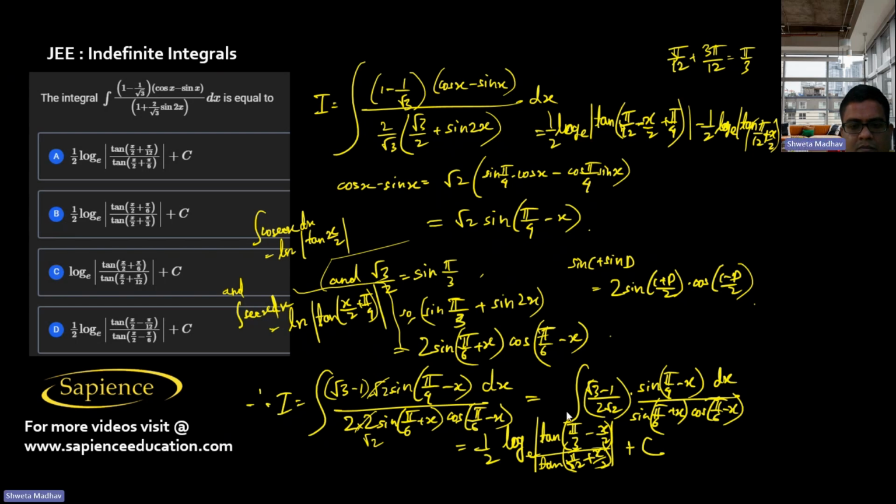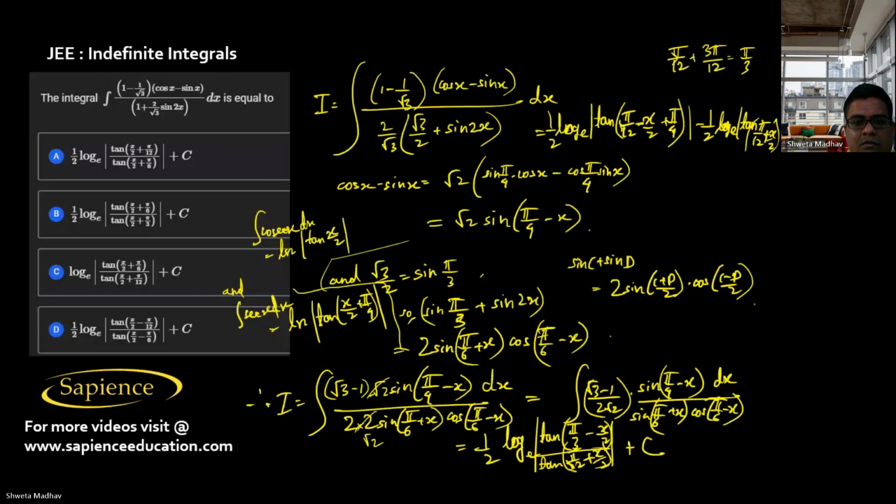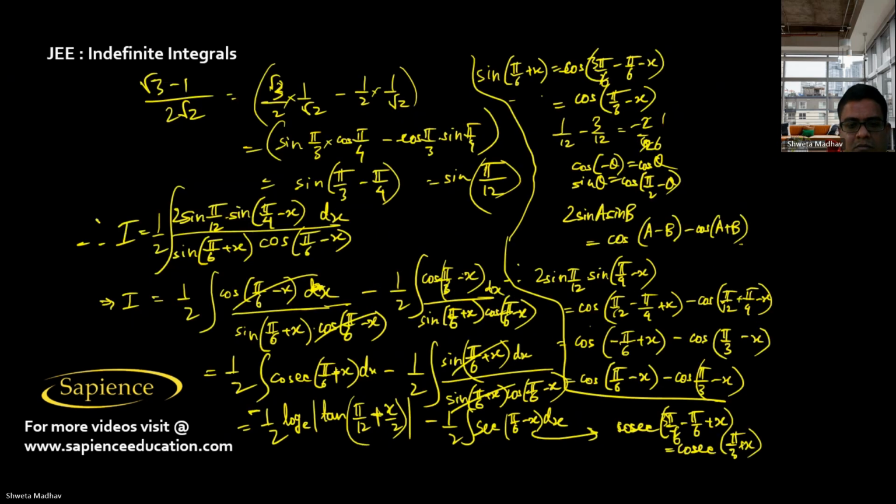This one here also: sec of (pi by 6 minus x), I can write as cosec of (pi by 2 minus pi by 6 plus x), which is equal to cosec of (3 pi by 6, that is pi by 3 plus x). So here this minus sign will not come.